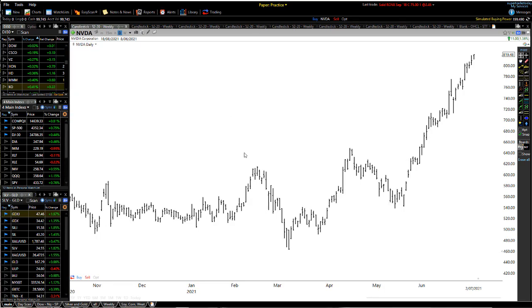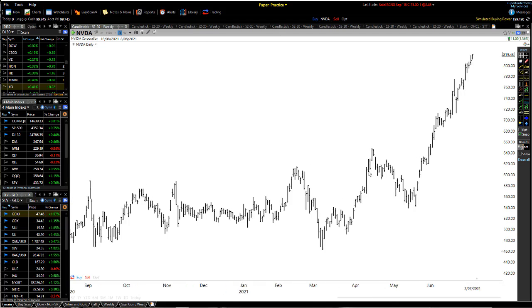Personally, I like to see a 50% retracement, right? So the market starts from here and runs up. If the market pulls back here by 50% or more and then we start to continue back up, that's a very, very, very strong sign to the upside.